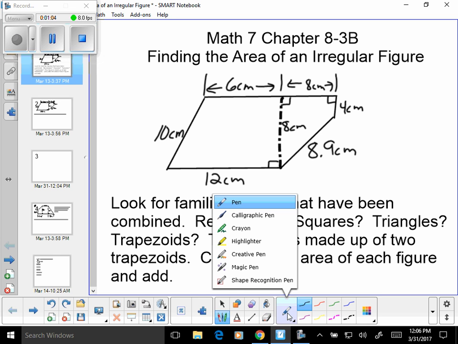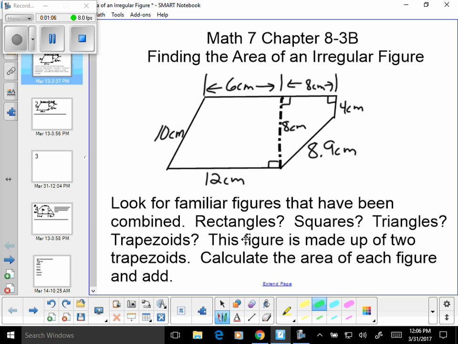And if I switch over to a highlighter, I will highlight in blue that you have a left-hand trapezoid over here, and we have a right-hand trapezoid on this side.